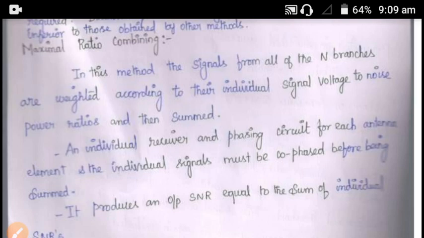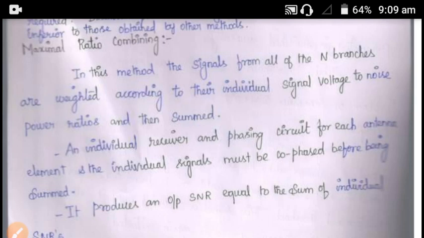Maximal ratio combining. Okay, so the next method is maximal ratio combining. In this method, the signals from all the n branches are weighted according to their individual signal voltage to noise power ratio and then summed. So in this method, there will be n number of transmitted signals, right?